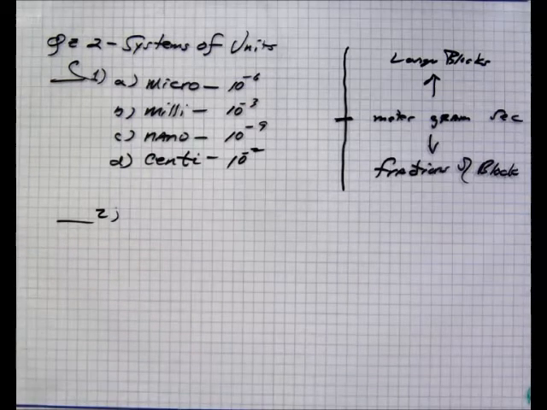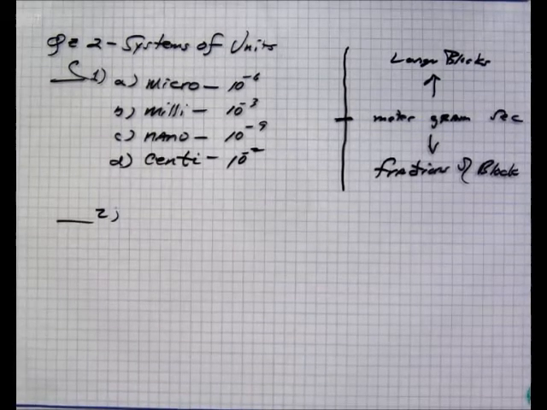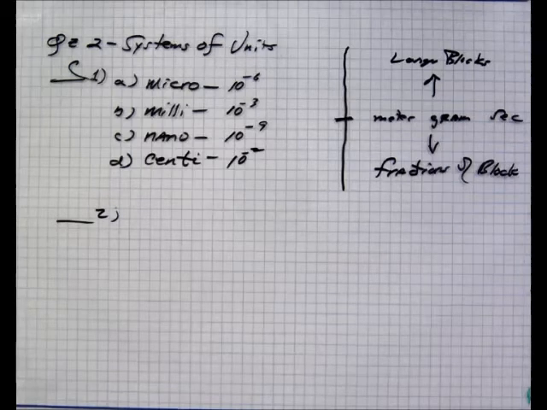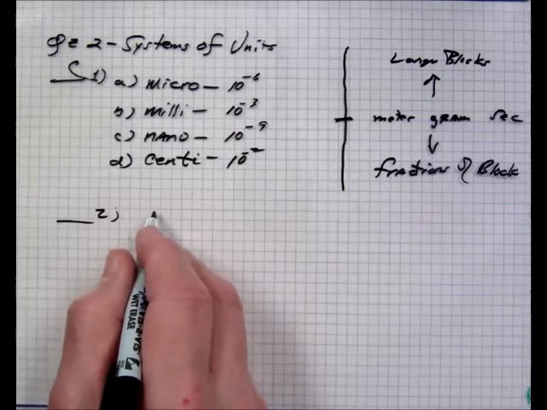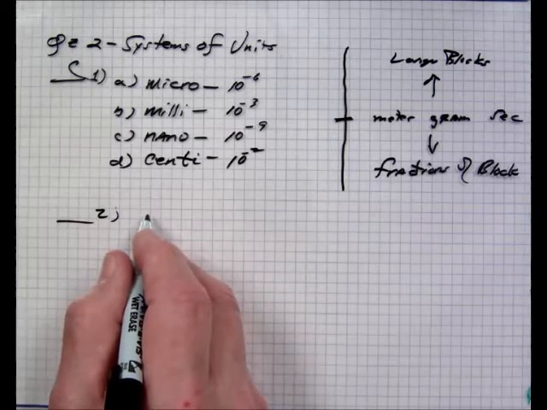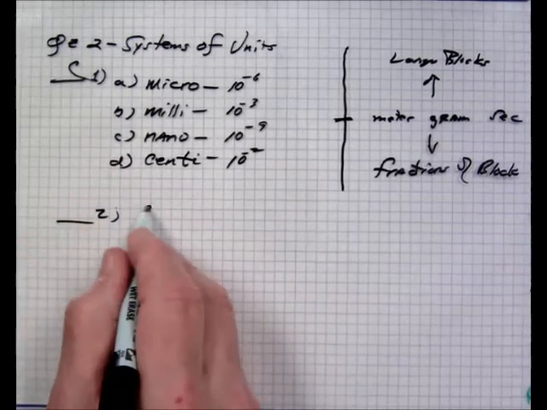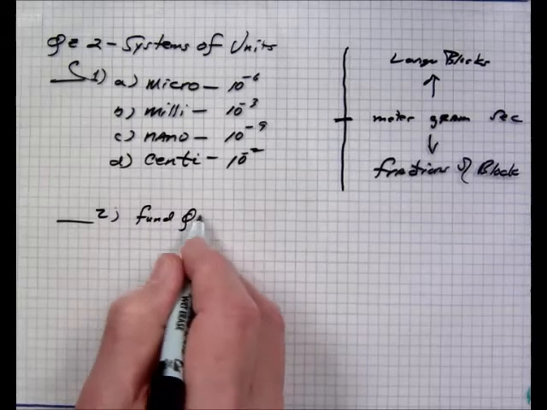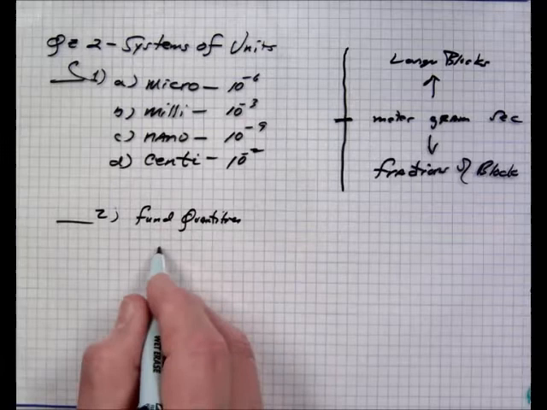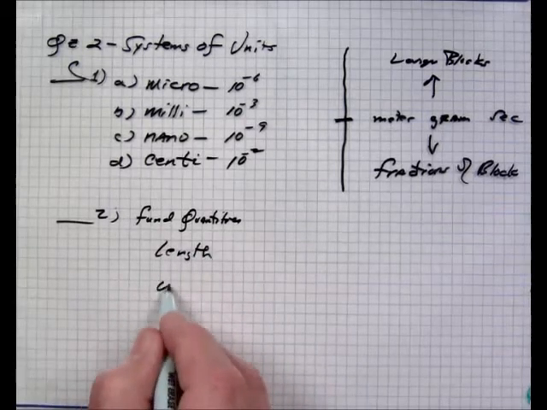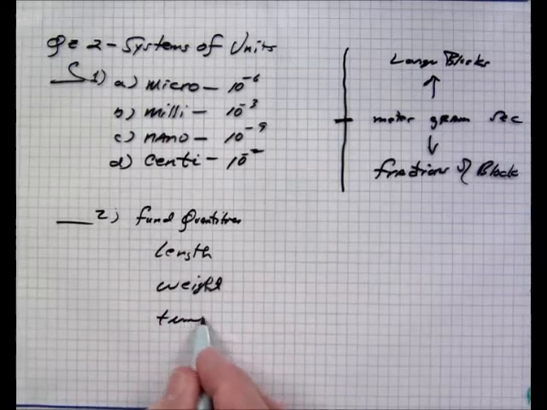The SI unit for length is what, Josh? Standard International Unit for length. Meter. And the system of units, we're basing everything on fundamental quantities of length, weight, and time.